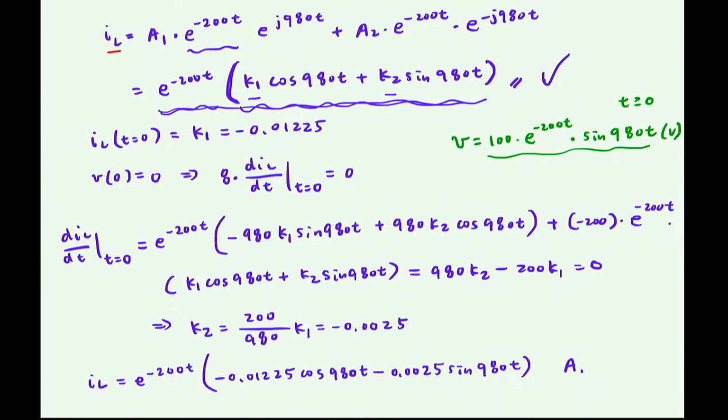Okay, so in this case, we have under-damped, so we assume that IL is equal to this equation. So we only have two remaining unknowns here, K1 and K2. So by using two initial conditions, we will be able to find K1 and K2, and then put it back in this equation. Then we have a final homogeneous solution, which is also the final total solution.